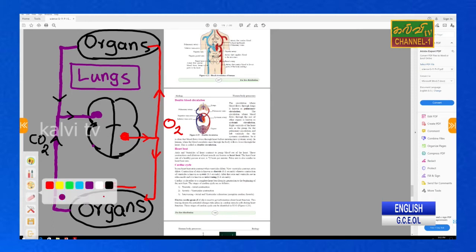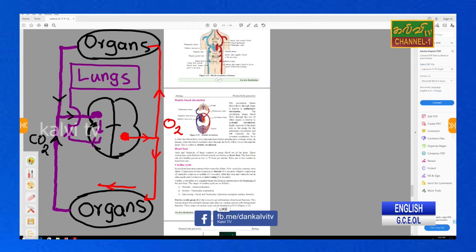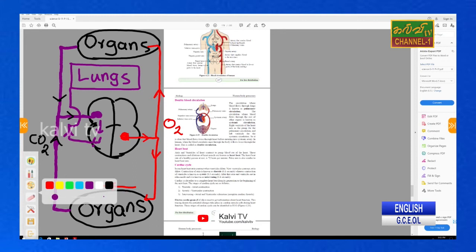After that, the blood moves through the heart and is moved to the lungs. So now the deoxygenated blood moves to the lungs. Now it is clear: carbon dioxide gas is released to the atmosphere.